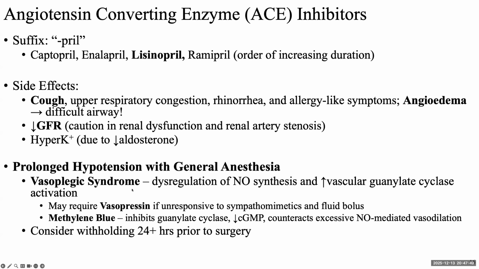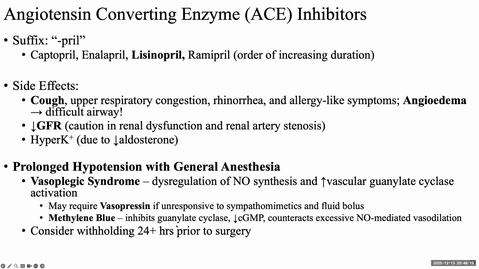It will be resistant to a lot of our first line pressors like phenylephrine or ephedrine. So it may require vasopressin if it's unresponsive to your first line sympathomimetics and if you're still unresponsive to a fluid bolus. And the other thing we have available to us is methylene blue, actually. So how is methylene blue helpful for treating vasoplegic syndrome?